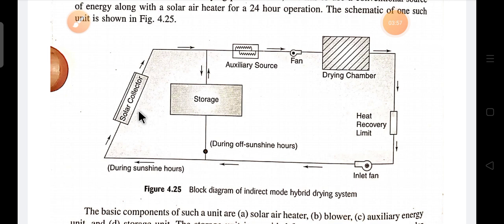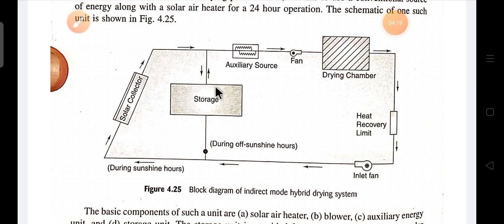That air is heated due to the solar radiation falling on the solar collector, and the heated air goes to the storage.